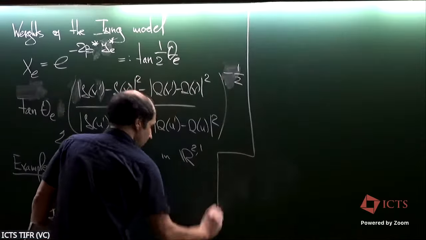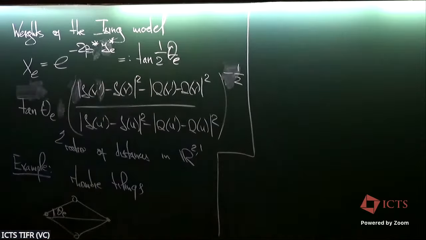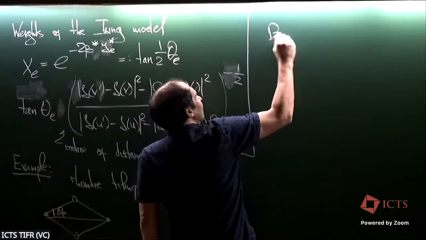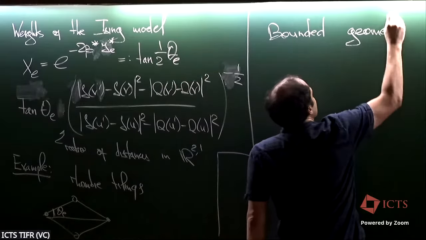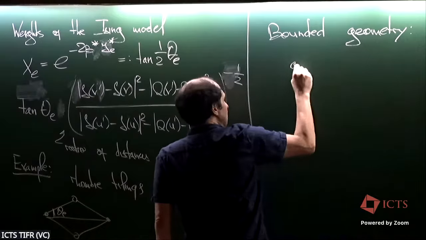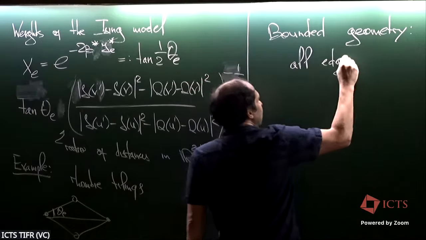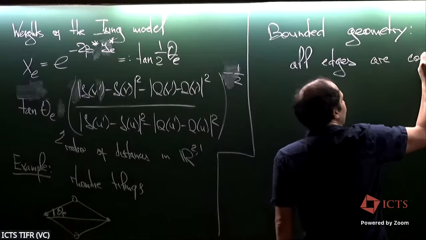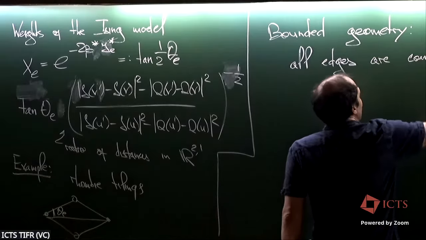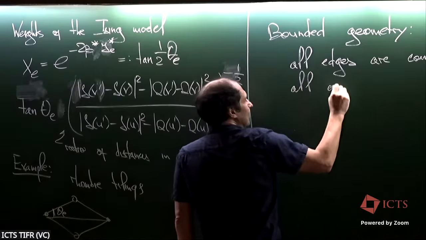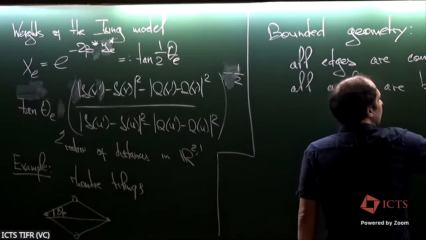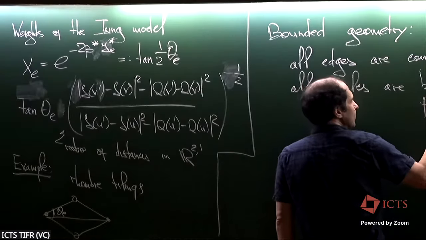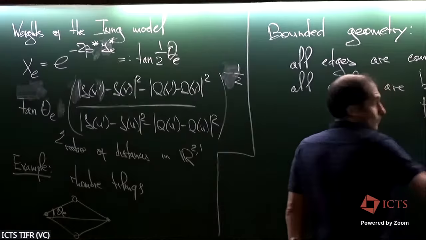Now maybe I should say what the bounded geometry is. The bounded geometry simply means that all edges are comparable, and all angles are bounded away from 0 and uniformly bounded.